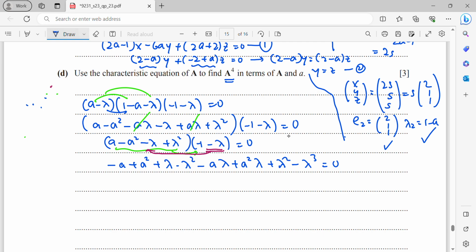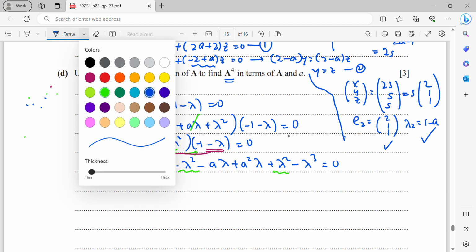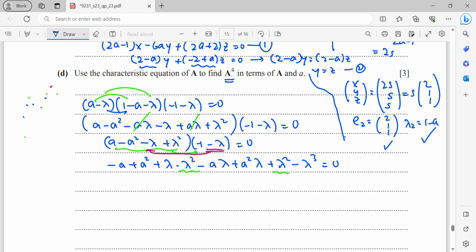Alright, so now I will simplify the terms. Let's see any terms that can be cancelled off. So this minus lambda squared and lambda squared cancel off. Alright, so that's all. Okay, so now I will rearrange it. So it will be negative lambda cubed, then followed by lambda.